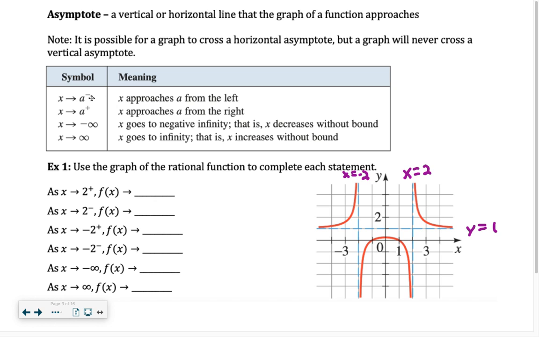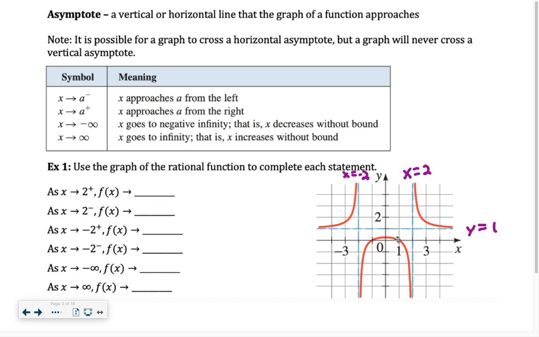So this first one, as x approaches some number from the left, if there's a negative sign, that means from the left. So this example down here, as x approaches 2 from the left, what that means, okay, so here's my asymptote of 2. That means I want to approach my value of 2 from the left.